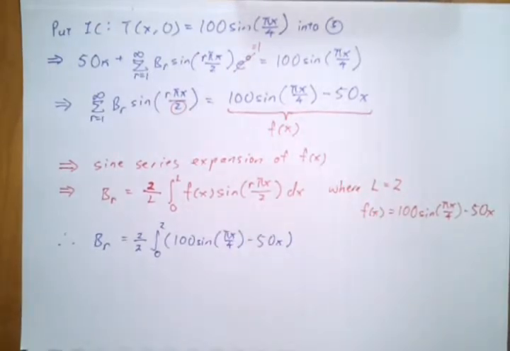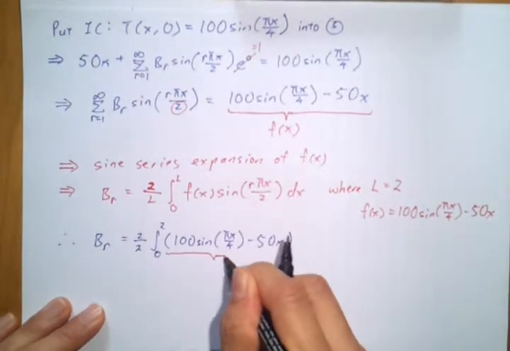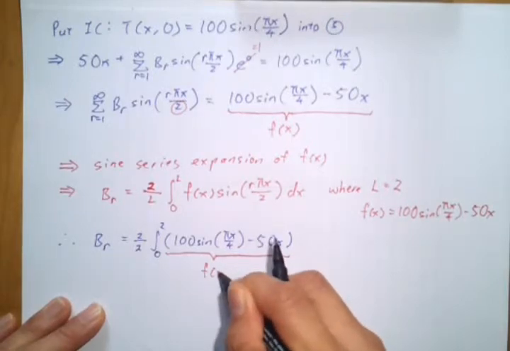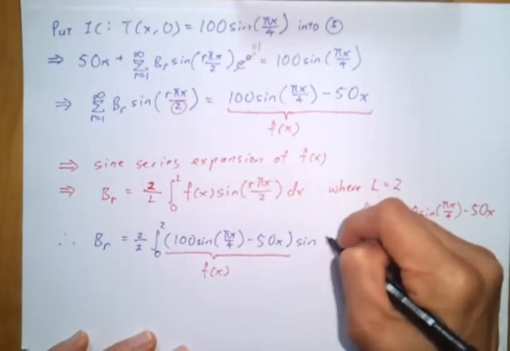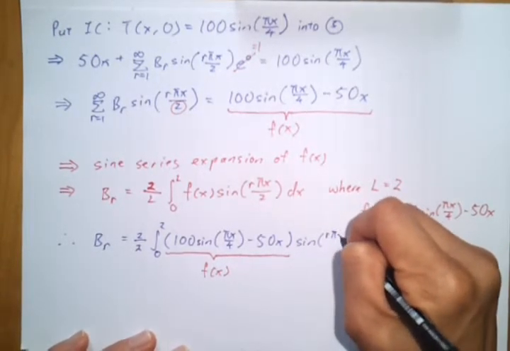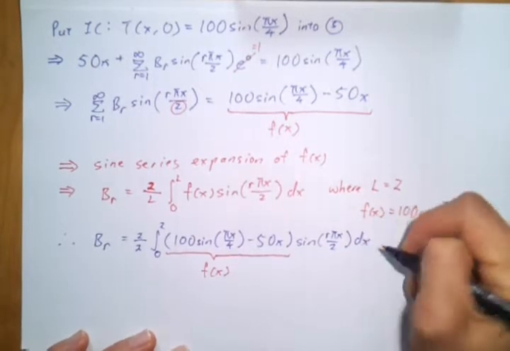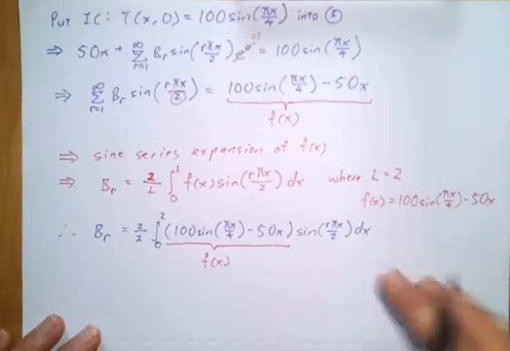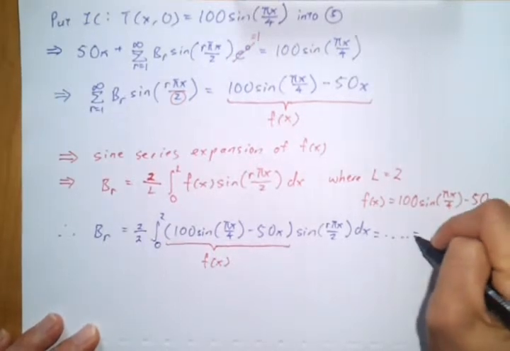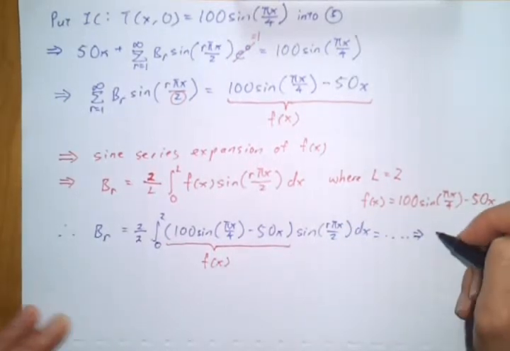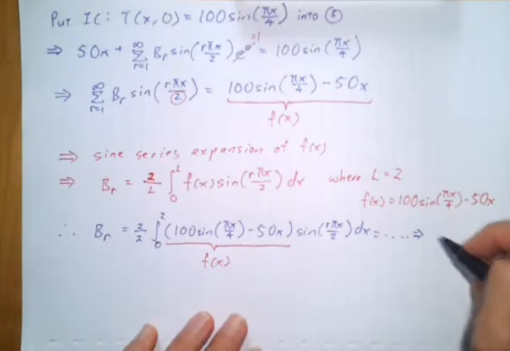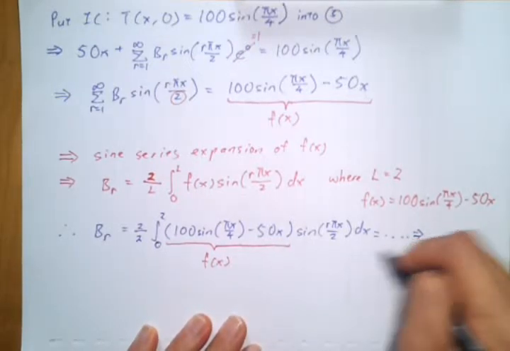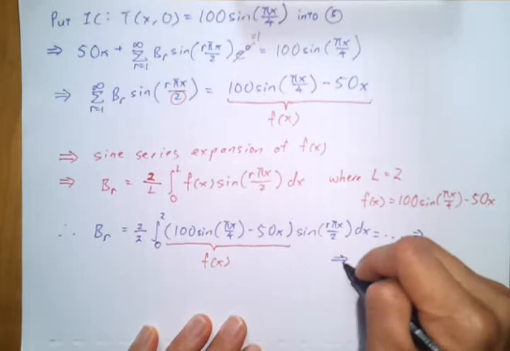This is your f of x, and you need to multiply this by sine r pi x over 2 dx. Then you go through the working and you find your BR. I'm just going to write down the answer for you.